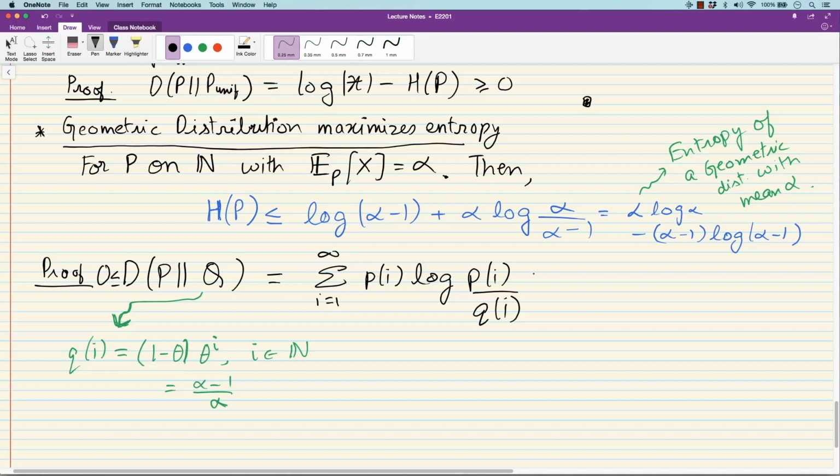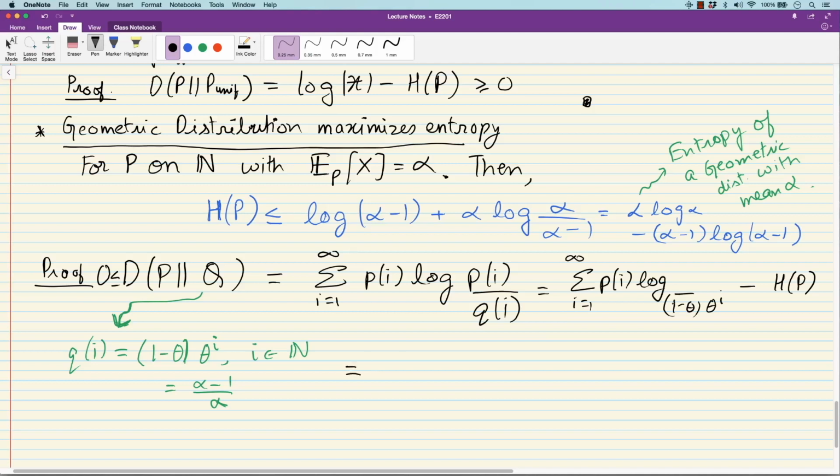This p_i log p_i term is the entropy, so minus entropy comes out. What about log of 1 by q_i? We substitute the formula for q_i, so this is 1 by (1 minus theta) times theta to the power i.